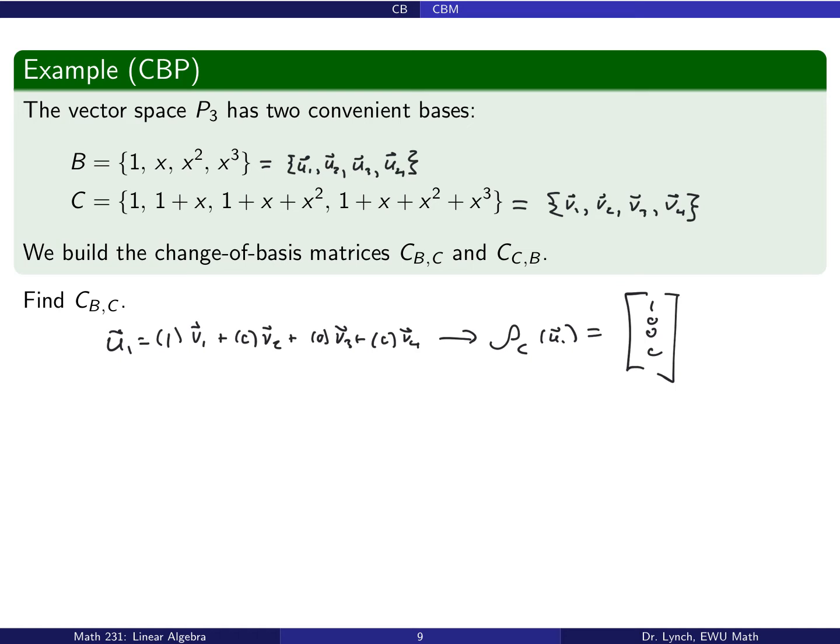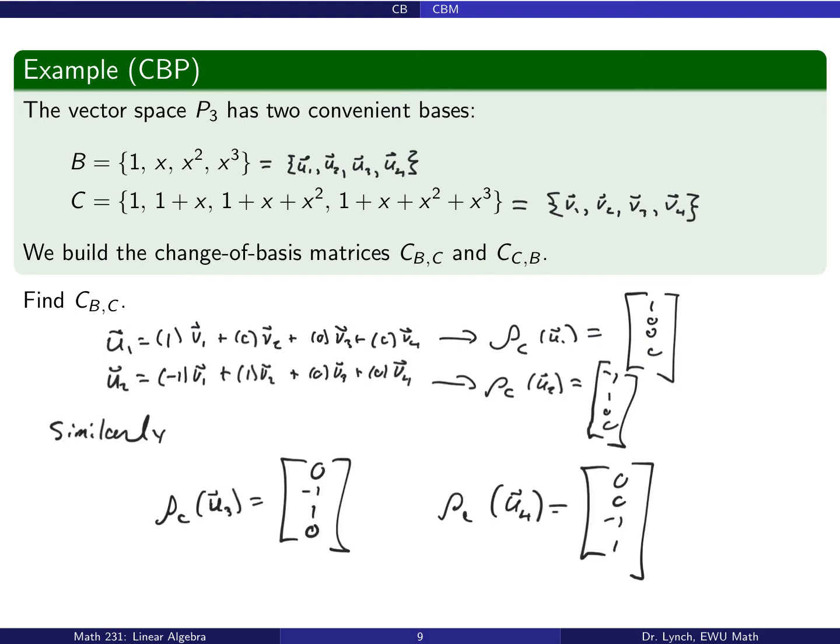It works similarly for the other vectors in the basis B. I'll let you work through those details, but you should find that the coordinatization of U2 with respect to the basis C is minus 1, 1, 0, 0. The coordinatization of U3 is 0, minus 1, 1, 0. And the coordinatization of U4 is 0, 0, minus 1, 1.